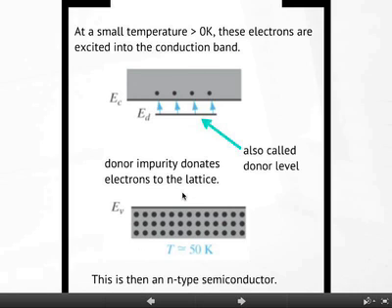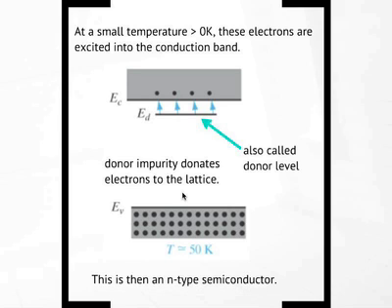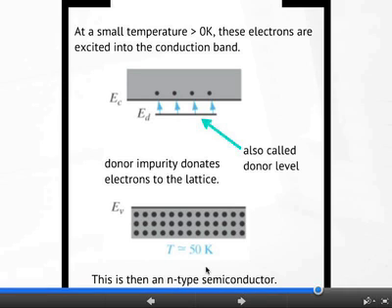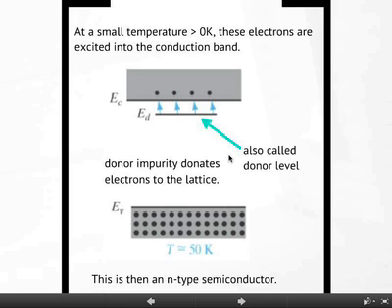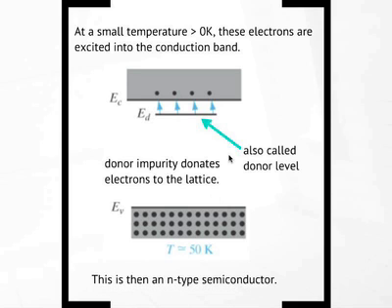There are many more electrons than holes. That's why it's called an N-type semiconductor. So our old analysis of the intrinsic semiconductor, where the concentration of holes is equal to the concentration of electrons, is not valid anymore. Keep that in mind. It's an important difference.